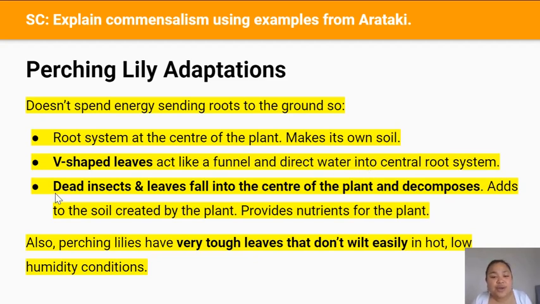They make their own soil because dead insects and dead leaves fall into the center of the plant, and as those dead organisms decompose, it adds to the soil that's created by the plant. It provides nutrients for the plant. Finally, perching lilies also have very tough leaves that don't wilt easily in hot, low humidity conditions.